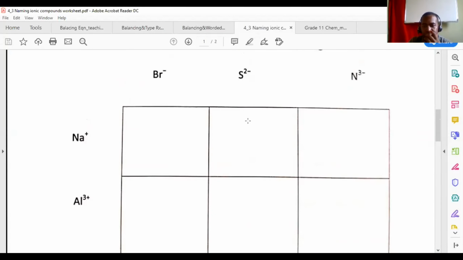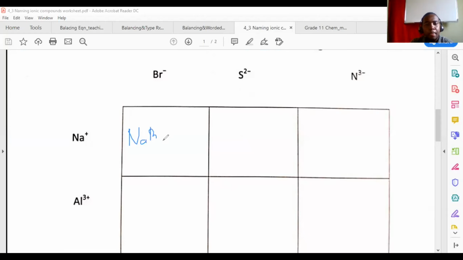In this little table, it's asking what compounds would be formed when these ions combine. If we have Na+ and Br- combining, we get sodium bromide, and the formula would be NaBr.